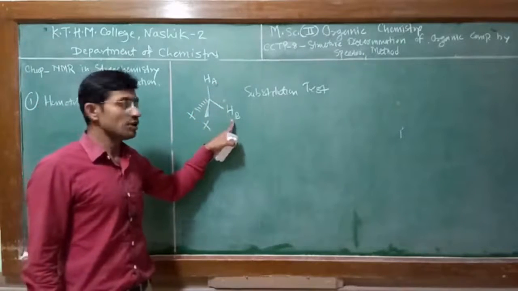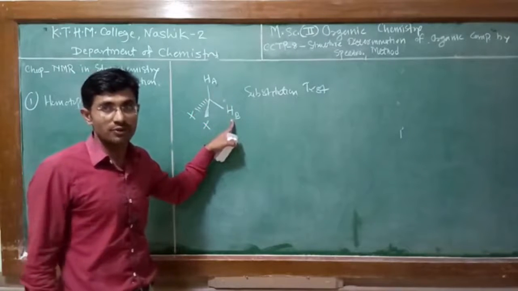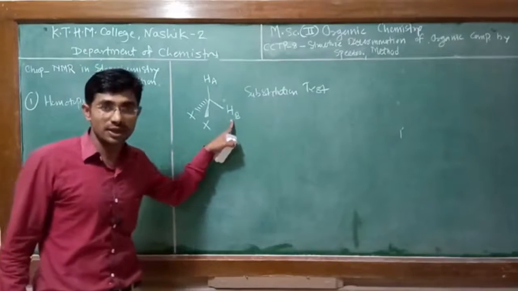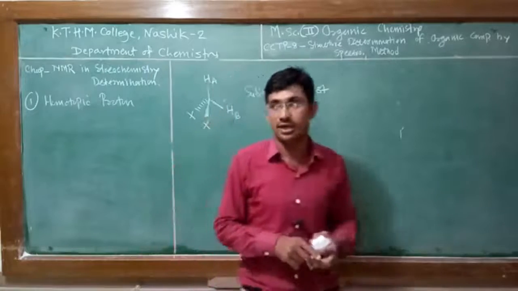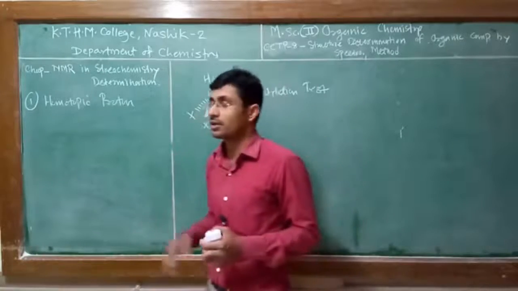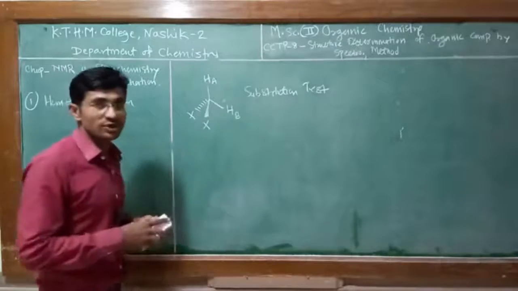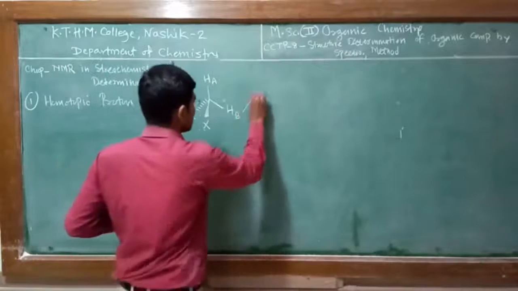Again we replace the other proton by a different group, and then we see the resultant new structure. From that we can easily conclude that when our new resultant structures are identical, the protons are homotopic. Which test do we perform here? The substitution test.